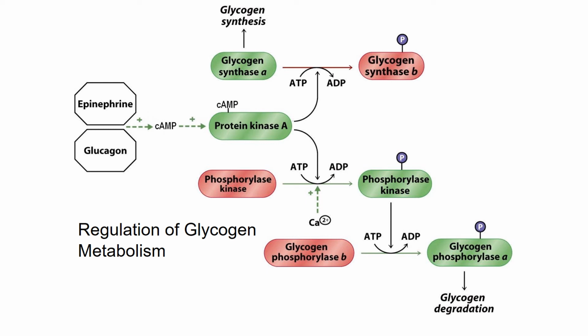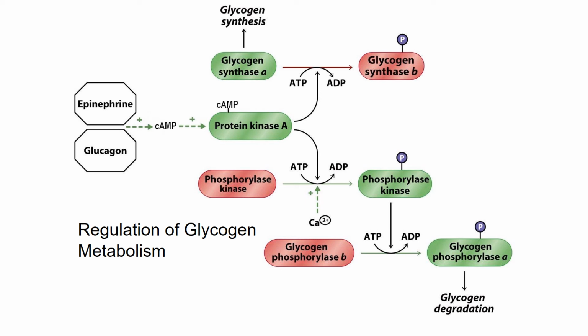So we're looking at two hormones, epinephrine and glucagon. Epinephrine or adrenaline, when it is secreted into the blood or increased concentrations are in the blood, it triggers that fight or flight response.